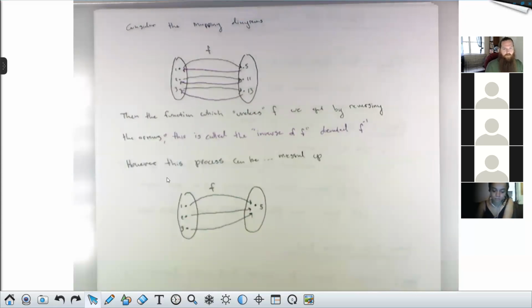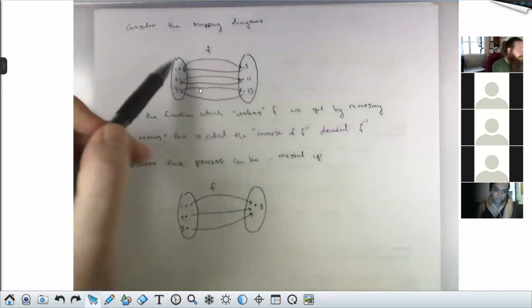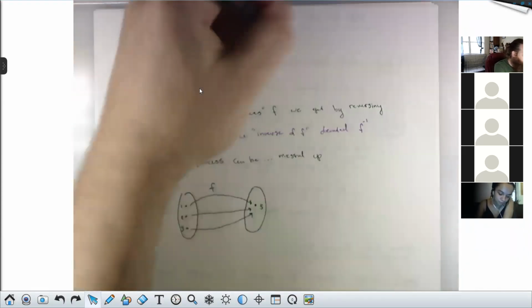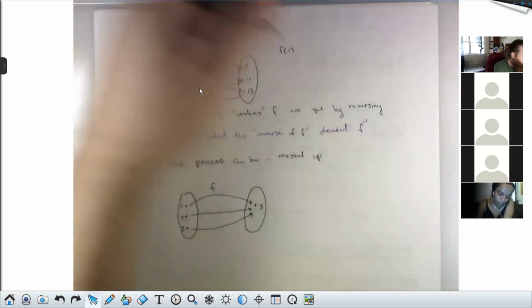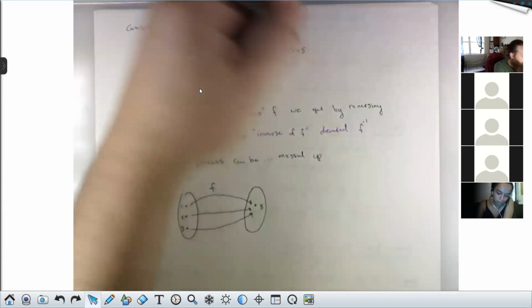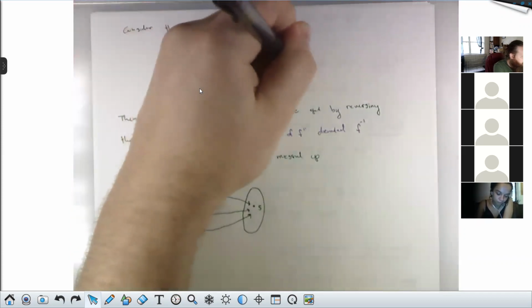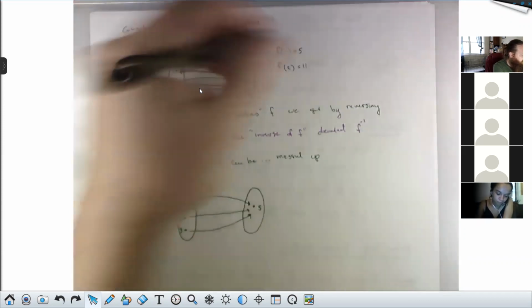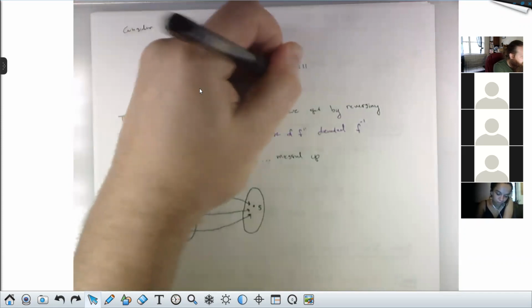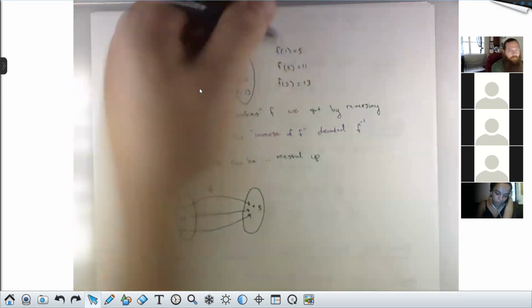What happens if I try to turn these arrows around? So let me actually come back here. In the original notation, I would say f of 1 is 5, f of 2 is 11, and f of 3 is 13.